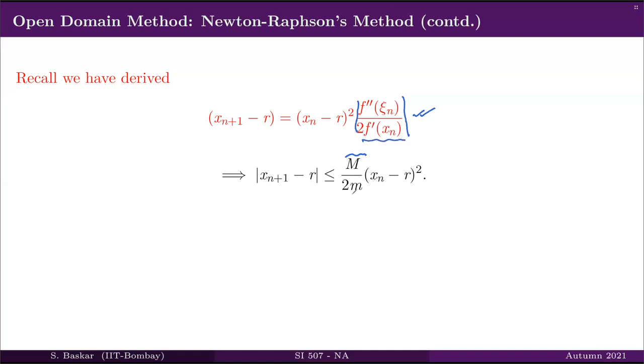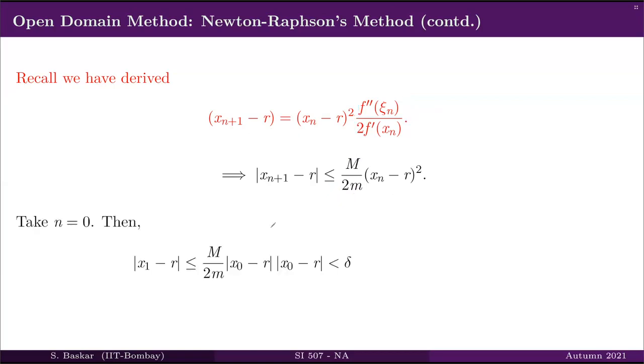Therefore, we are replacing f' in the denominator by the minimum. Therefore, this entire thing will be less than or equal to what we have written here. Therefore, this inequality is clear to us. Once you have this, you just take n equal to 0 and look at this inequality. You will have mod x_1 minus r is less than or equal to M by 2m into (x_0 minus r) the whole square.